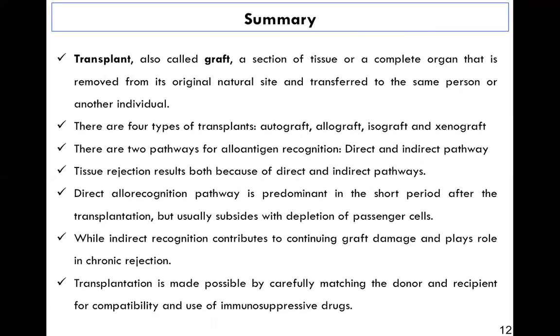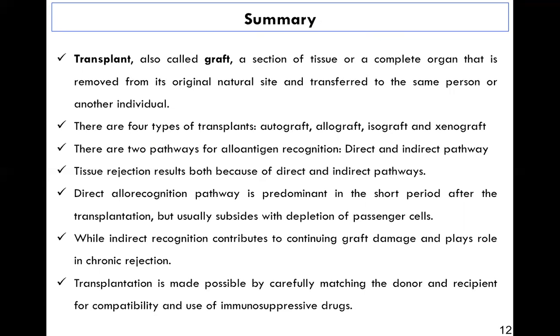That is called a transplant, also called grafting. Examples include hair transplant, kidney transplant, heart transplant, and so on. There are 4 types of transplants: autograft, allograft, isograft, and xenograft.